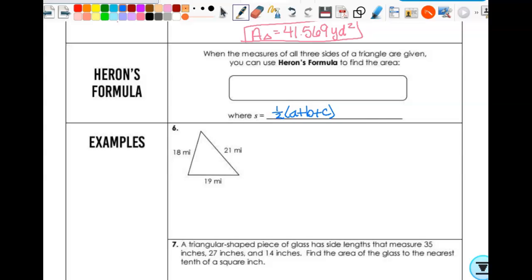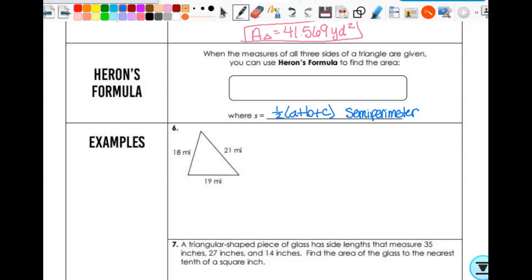The perimeter. So I just want half of it. Half of the perimeter is called the semi-perimeter. So that's what S is going to be in here. You have to find the semi-perimeter.